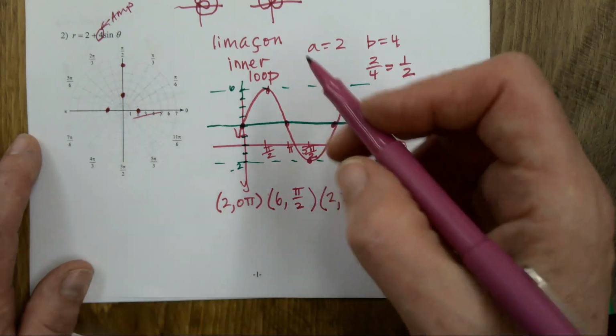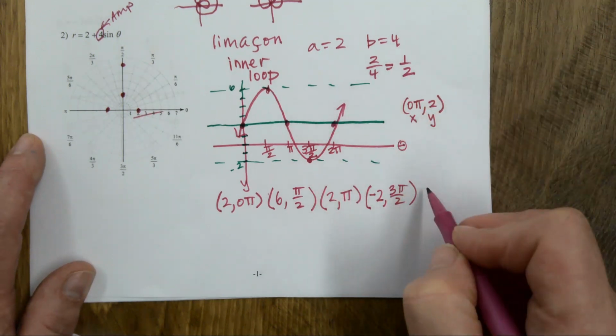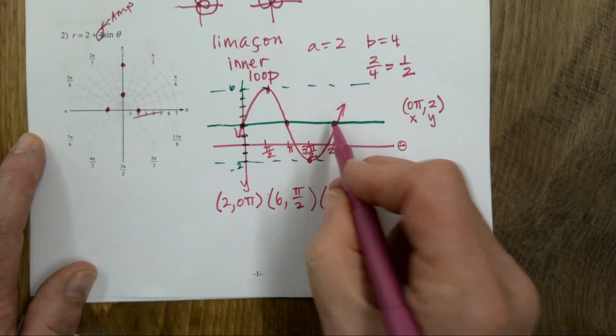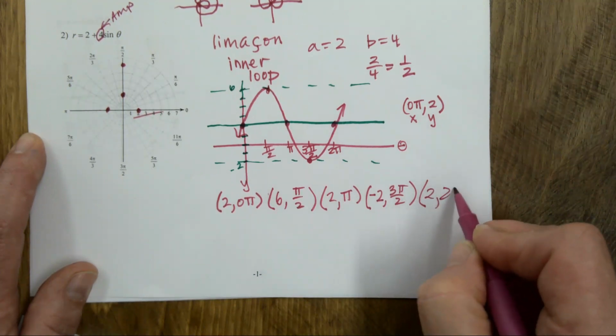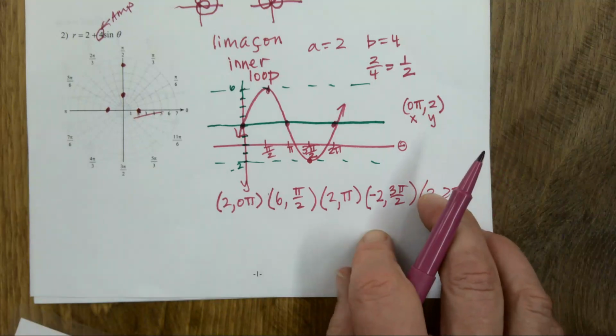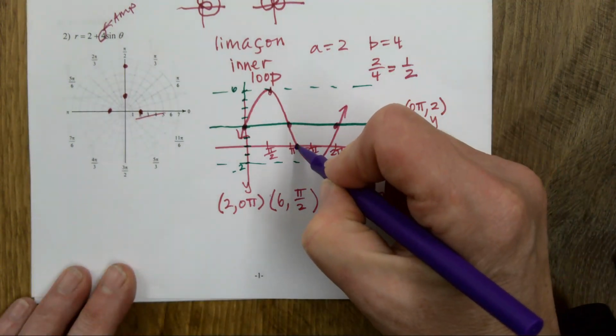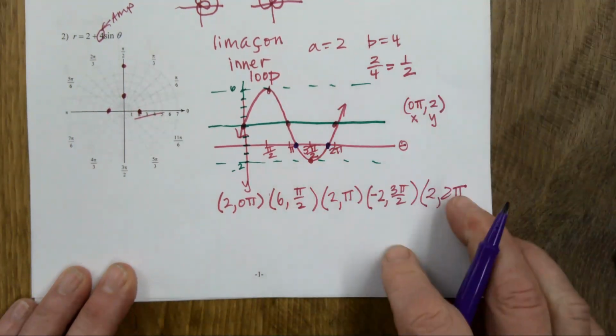All right. Now, there are 2 spots. Oops, I should finish this, sorry. My last point is 2, 2 pi, and that's going to end where I started. Okay? And again, I have this graph, looking at it. Anybody coming in here would be like, I do not know what that is. But I do know that my graph does hit the axis right here and right here at 0, right?